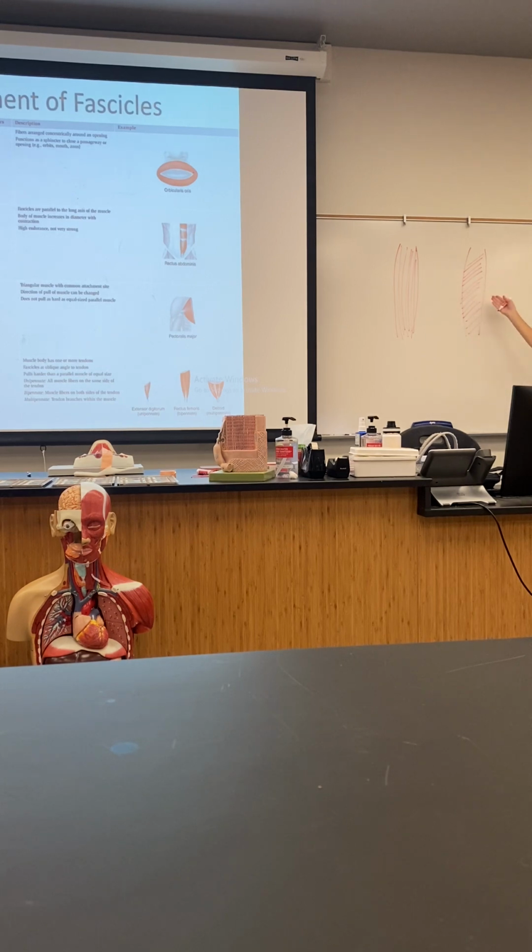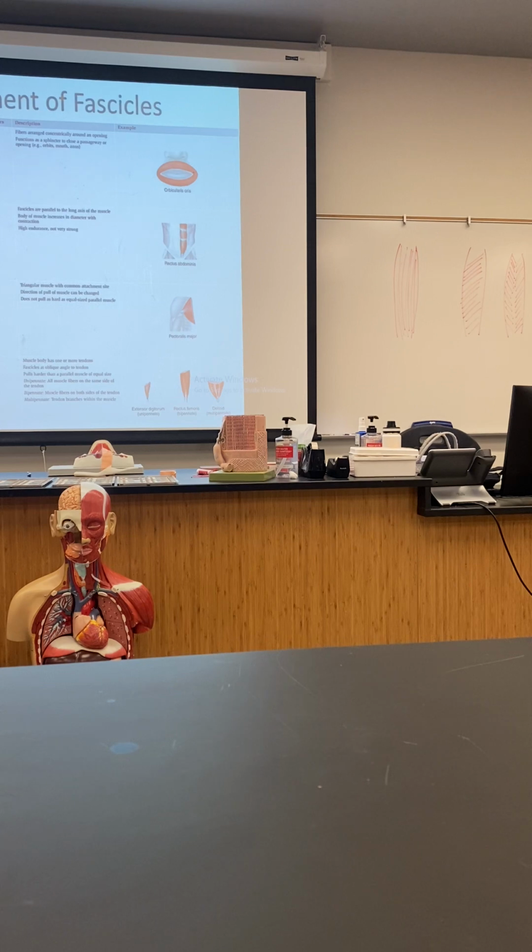This is a unipennate muscle with one row of these obliquely angled fascicles. But there are examples in the body of bipennate. So one of your quadriceps muscles, called the rectus femoris, is a bipennate muscle with fascicles arranged like a feather, running opposite each other.